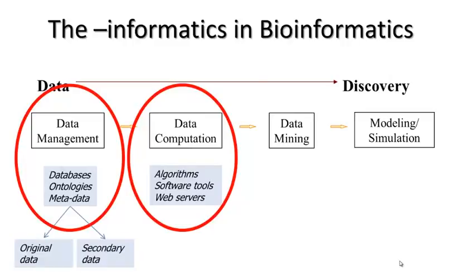Some databases contain original raw data such as GenBank and dbSNP. Other databases contain secondary data, which are generated from original data by bioinformatics analysis and manual curation, such as the gene ontology. Software include standalone programs that are run on command line and web servers that have a web-based user interface.